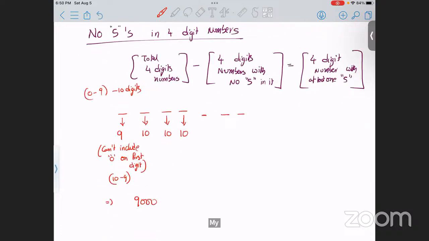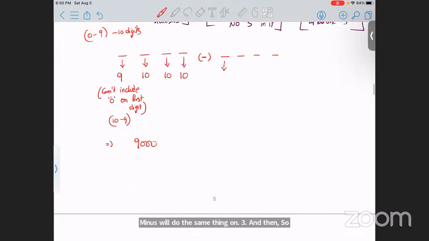Minus, we'll do the same thing. 1, 2, 3, 4. And then 4-digit numbers with no 5. So here, the first digit is 8, remember this 8, because 0 and 5 are not there. Here it is 9, here it is 9, here it is 9. Why?